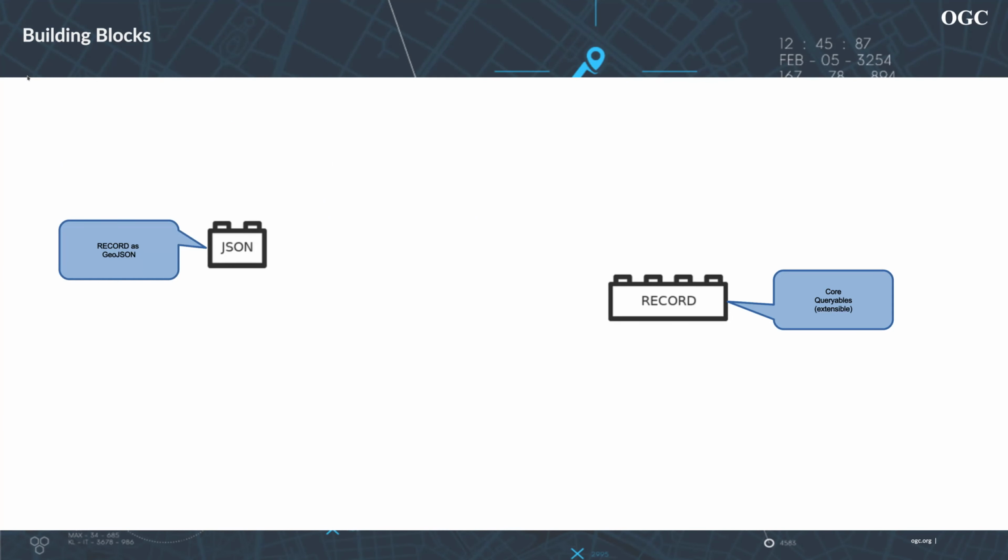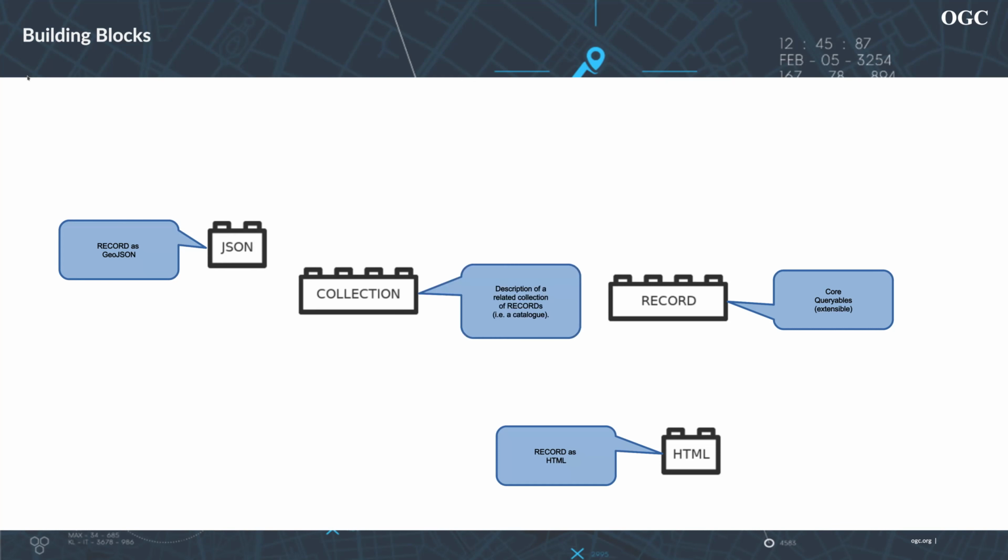Another building block is a JSON encoding of the record, which is basically GeoJSON. We also have an HTML encoding of the record, which just has some requirements for HTML. We don't really tell you what to make it look like, but we do have some requirements that you have to include in there.